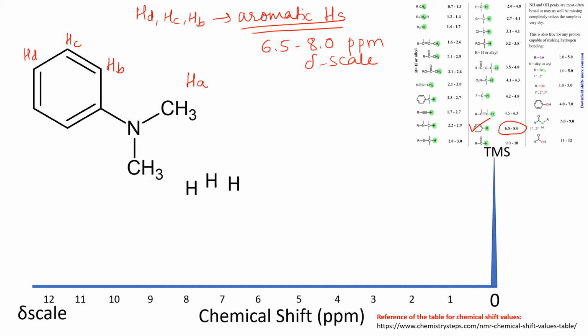Now among these three, which one is which? If you see here, HB is closest to the electronegative group, so we can say it is most deshielded. Then the order of deshielding is like this. Then what is remaining is HA, and if you see here, our structure is a little closer to the value given in this chart.